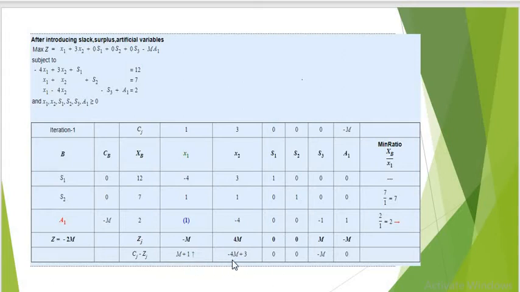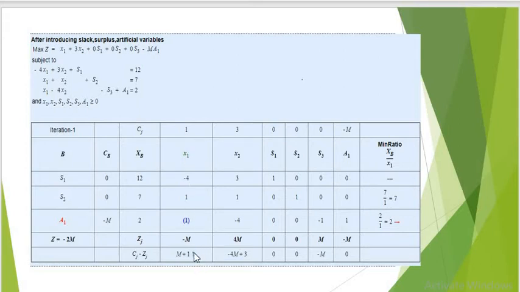Otherwise, look at the maximum positive value of Cj minus Zj. Here it is m plus 1, that corresponds to the variable x1. So the variable x1 will be the entering variable.